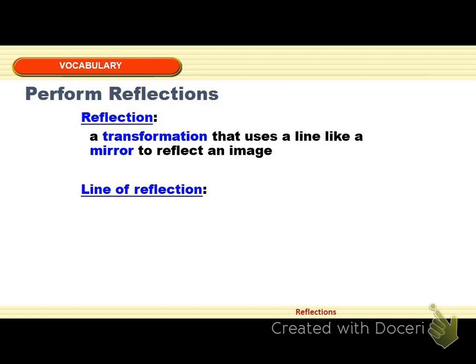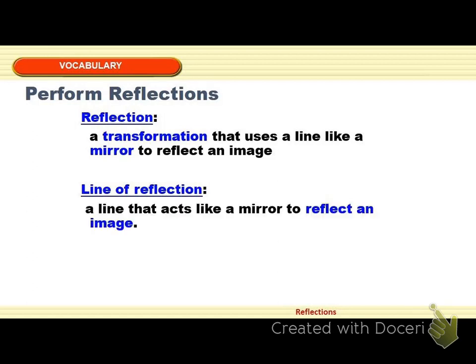Now, some definitions for you. A reflection, like I just said, is a transformation that uses a line like a mirror to reflect an image. That line that acts like a mirror is called the line of reflection. And so, depending on your line of reflection, there are rules that will govern some of those lines. Not all. Some of these we can just use some common sense, and some of these, the reflection is a little bit more complicated than what we're going to get into with our conversation today, right?